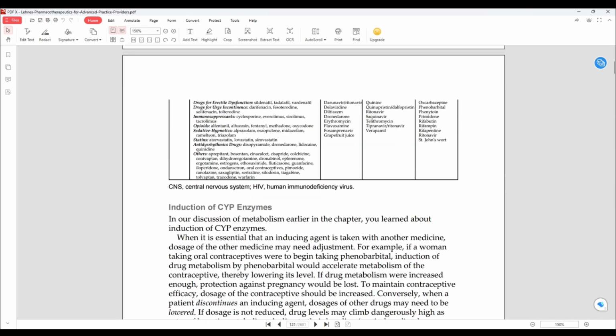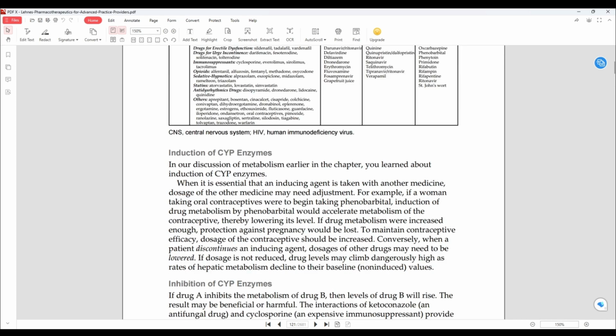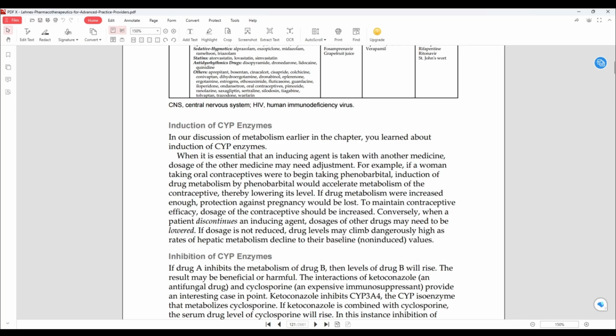The induction of the CYP enzymes. In our discussion of metabolism earlier in the chapter, you learned about the induction of the CYP enzymes, but it is essential to recognize when an inducing agent is taken with another medicine, as dosage of those other medicines may need adjustment.